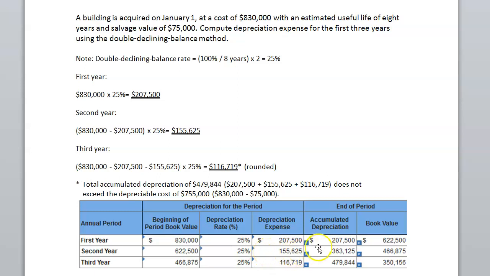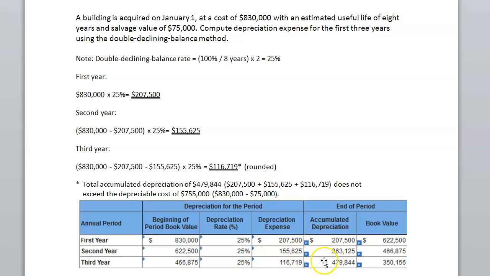We add that to our depreciation. So now accumulated depreciation is $363,125, and our book value is declining to $466,875. In the third year, we start with $466,875 times the 25%. Depreciation expense is $116,719.